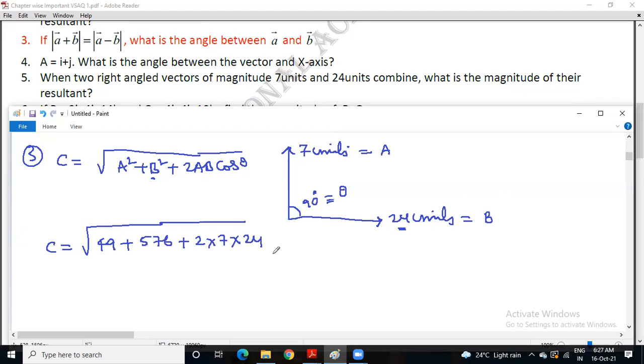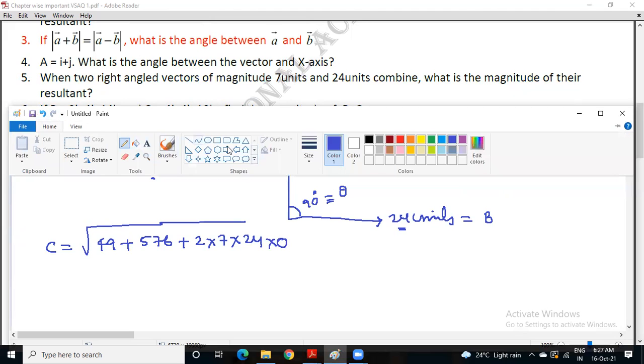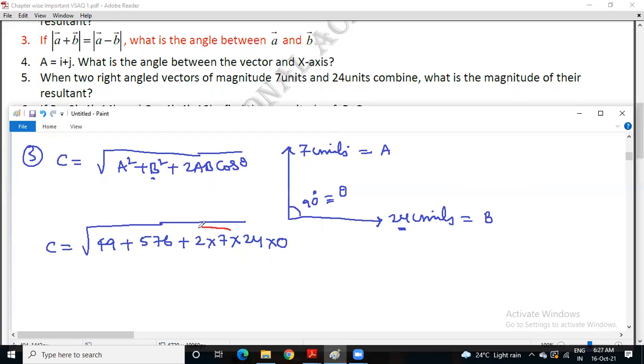So cos 90 will be 0, therefore this entire quantity becomes 0. So you get only C is equal to root over, if you add 49 and 576, you get 625. The root of 625 is 25, but don't forget to write units, because the resultant is also a vector.